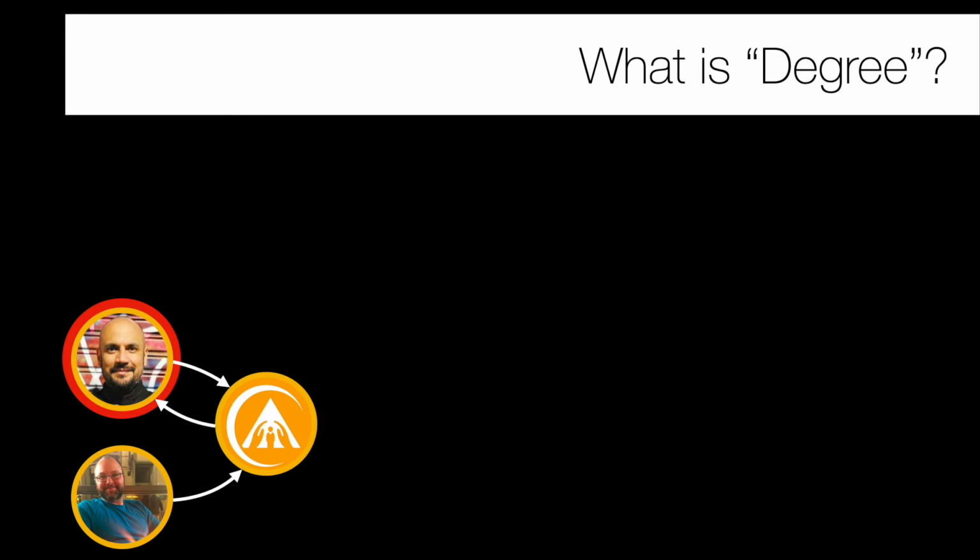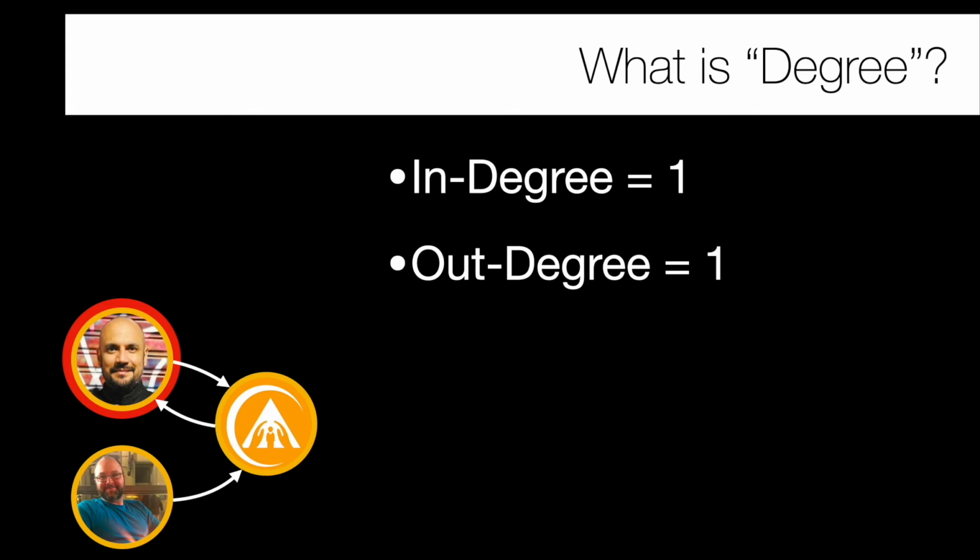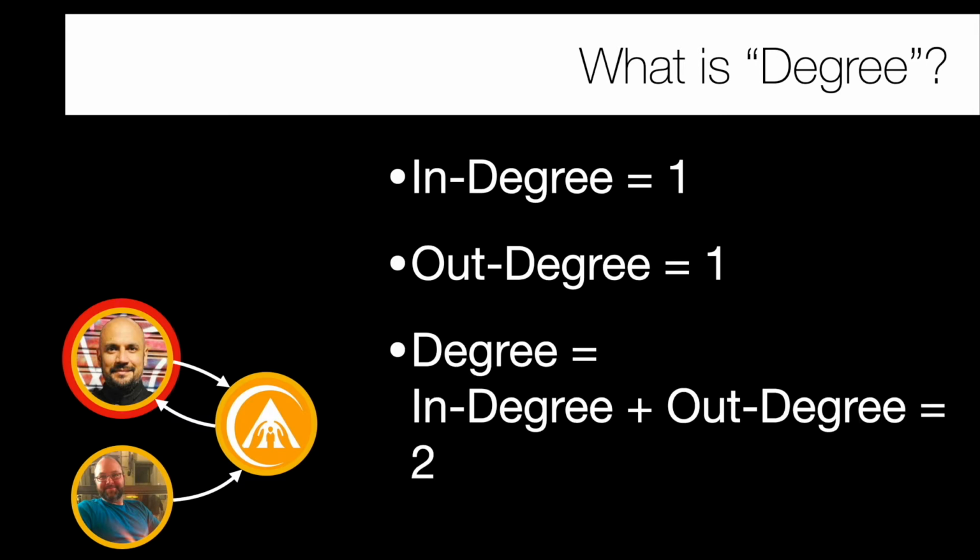And then we take the sum of these to calculate the actual degree. So we can say here for Chato Castillo's example in this graph, he has an in degree of 1 and an out degree of 1, so he's following the European Research Commission account, and that account follows him. And his whole degree is the sum of his in degree and out degree, which is 2.